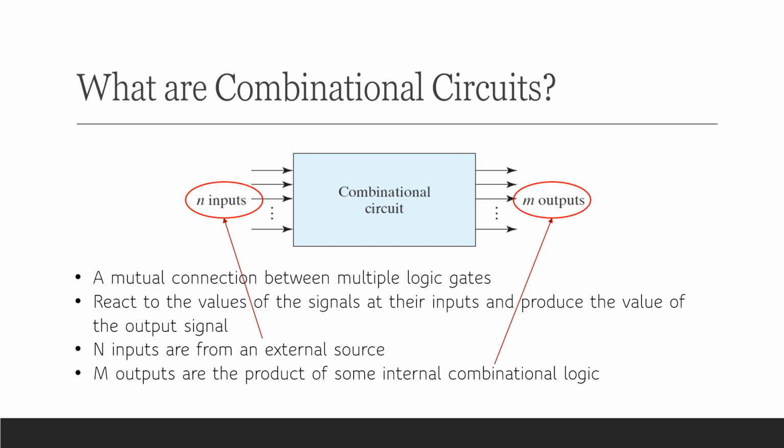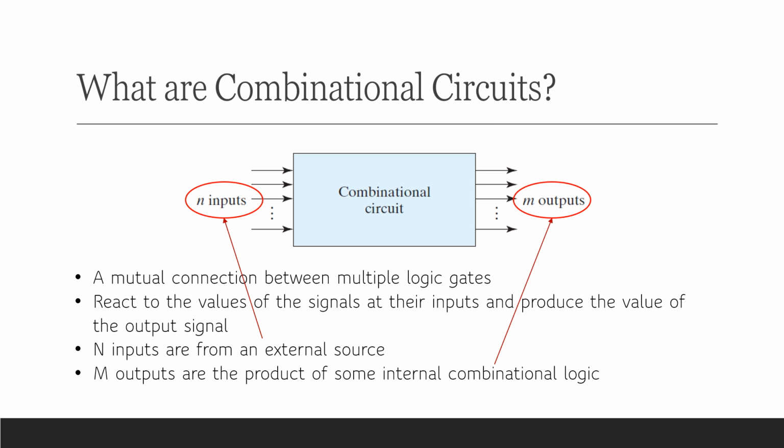So here is a block diagram showing n inputs and m outputs. It's important to note that when you have n inputs, that means you have 2 to the power of n combinations of binary inputs, and for each combination, there's only one possible value for each output variable.